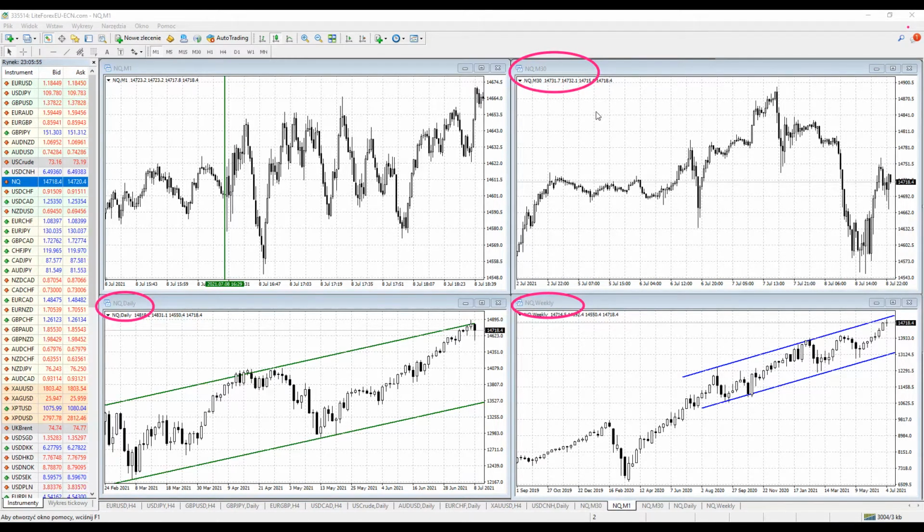Because the US stock market is starting at 9:30 local time, and then I'm using the price action on the 1-minute chart, trying to figure out what kind of price action we might have. What should I do? Where is going to be my stop? I'm trying to work with very close stops because my targets, based on that strategy, are also quite close. I'm trying to trade 3R based on that strategy.